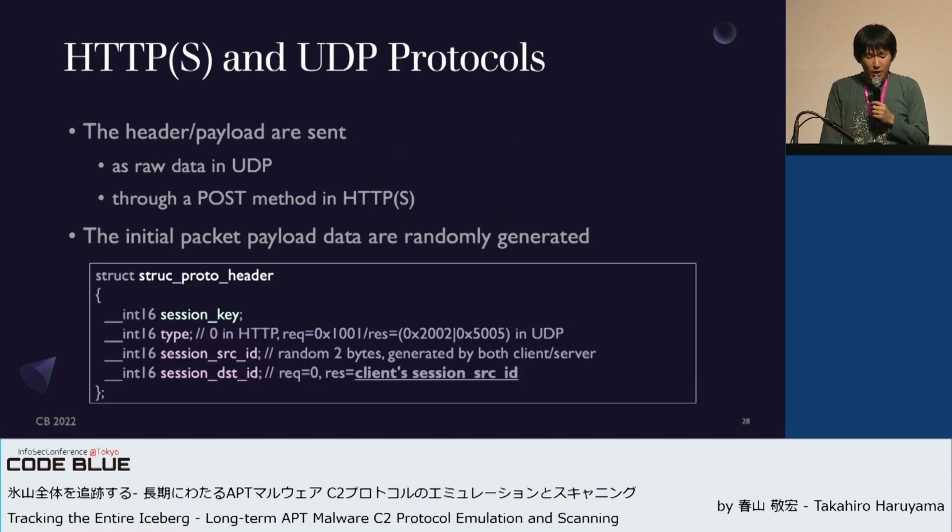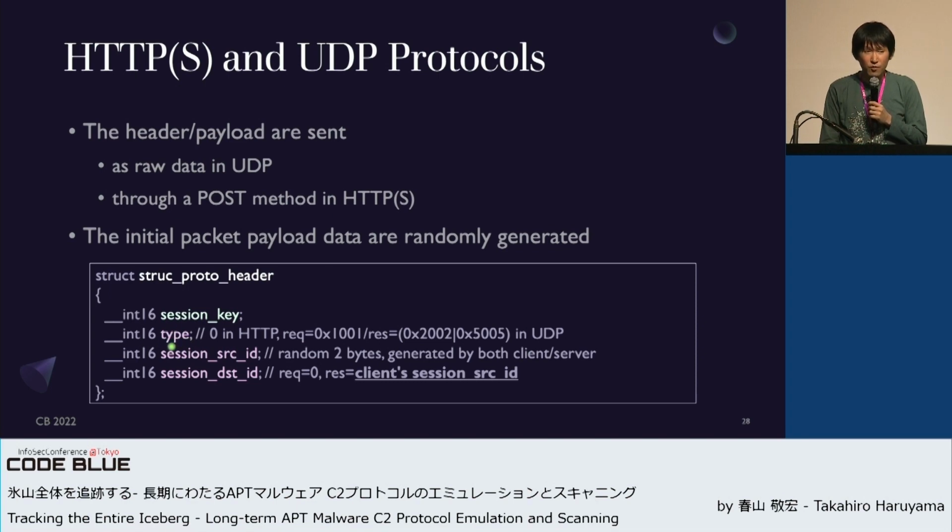In HTTP and UDP protocols, the header and payload are sent as raw data in UDP or through a POST method in HTTP. The header format also contains a session key for packet encoding, but the key size is different. And the next field is a constant value.